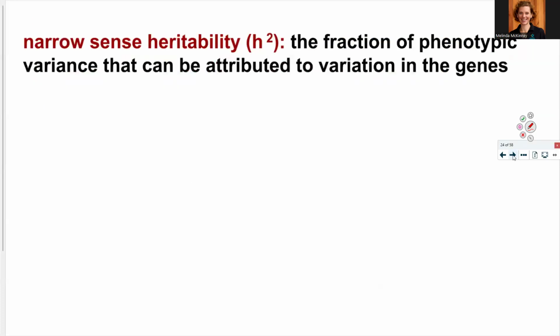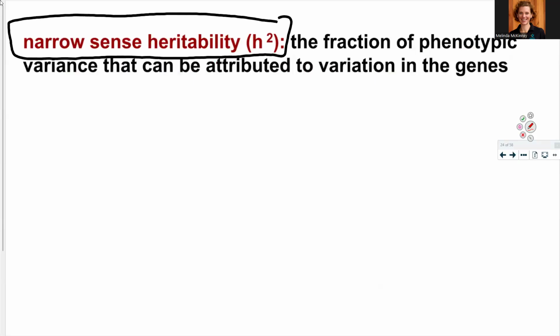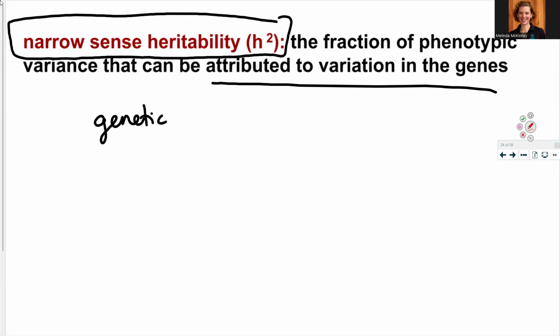Narrow sense heritability is related to this. This is a number that is the fraction of the phenotypic variance you can attribute to the variation in the genes. So you could say, all right, the genetic component is going to be 0.8. The narrow sense heritability component is going to be something like that.